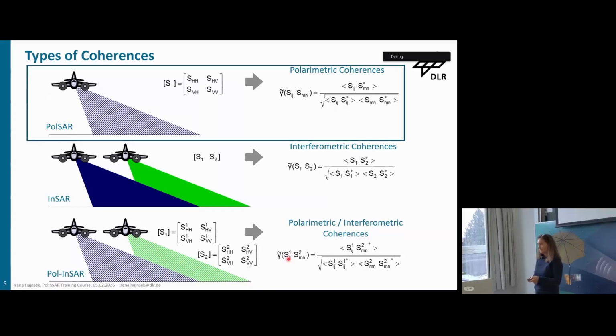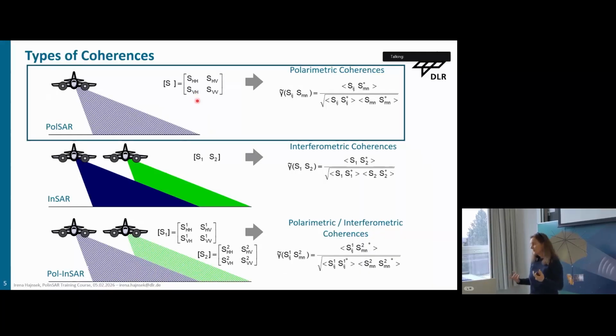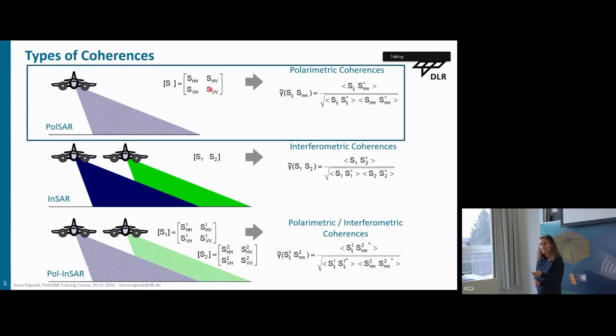Okay, and today I'm sticking more to the part where I'm not using interferometry, so not the absolute phase, which is in principle the distance between the object and the satellite or the airborne system. What I'm using is the relative phase. Relative phase means the phase between the polarization channels. So that's a little bit different because it's not the absolute phase for distance measure, but a phase between the polarization channels.